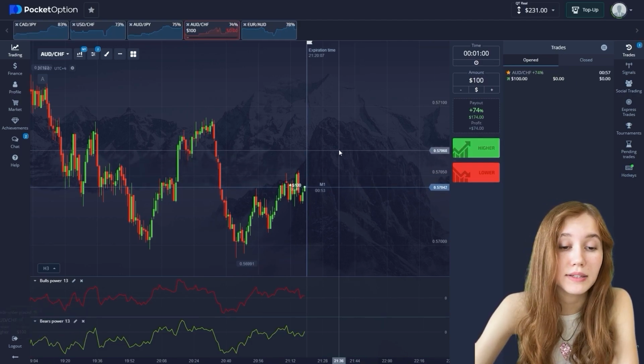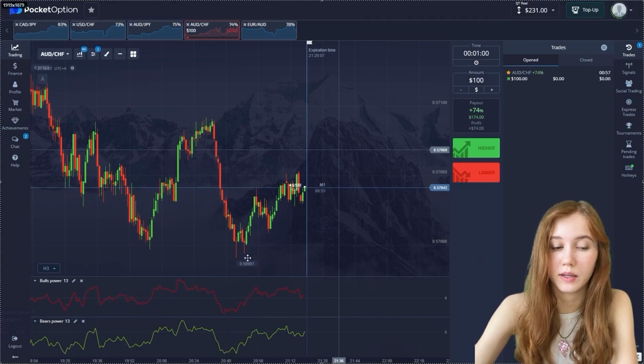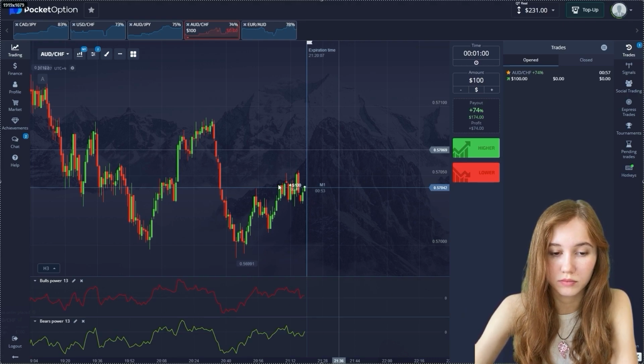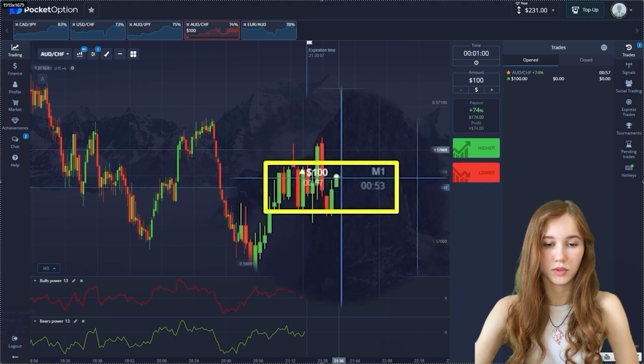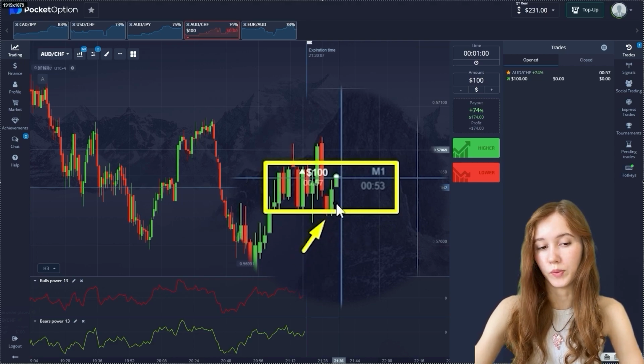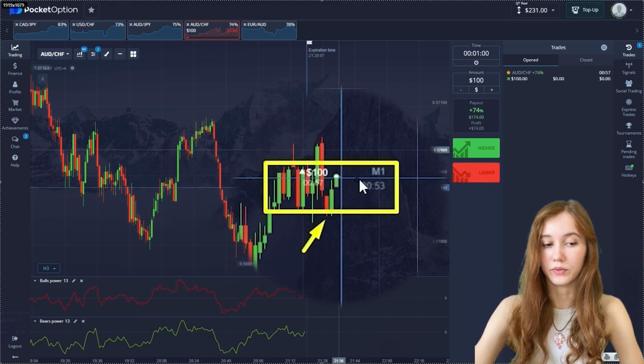Of course it will be a deal if we opened a little early, but still we did it. We see some kind of consolidation. We reached a certain minimum and we will move to a certain maximum, to the upper line.